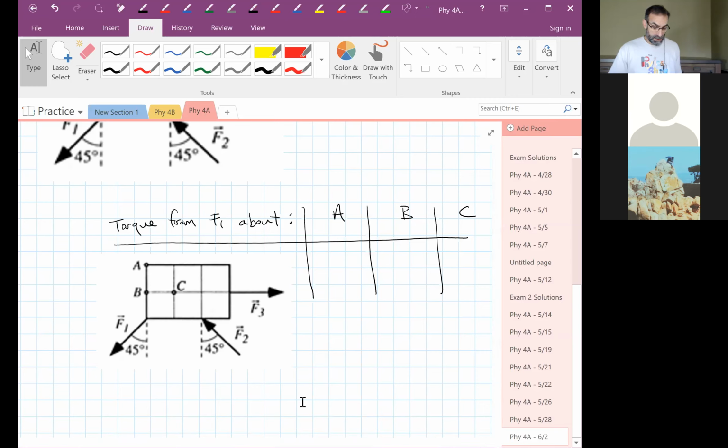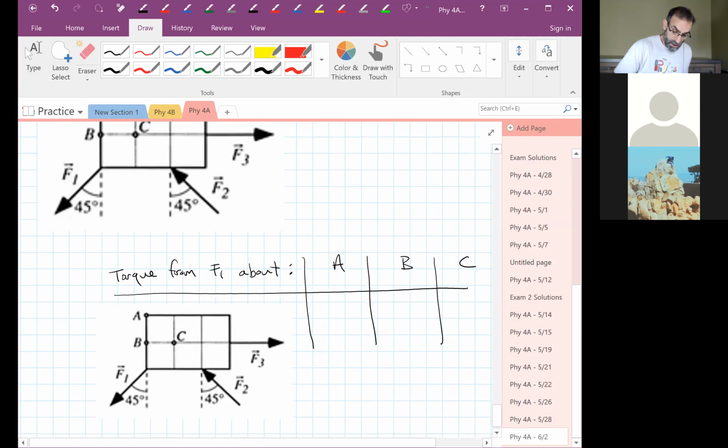So what is the torque produced from F1 about axis of rotation A? And we're using, what are we using?